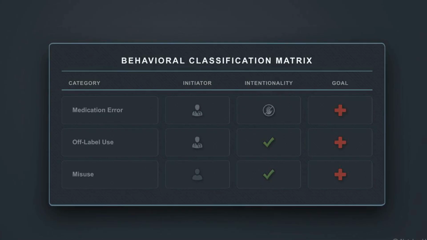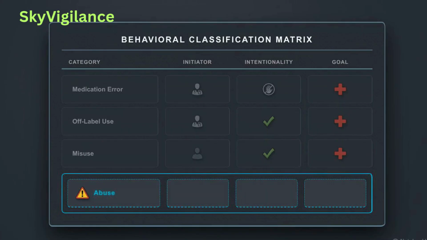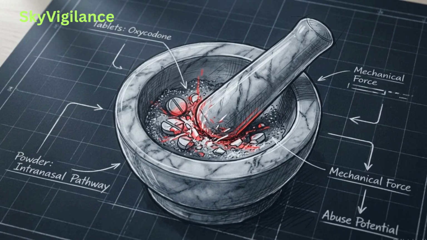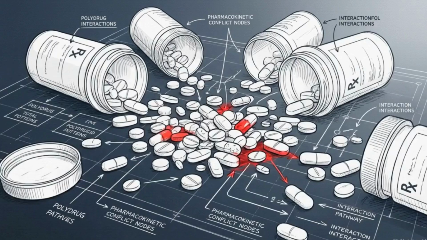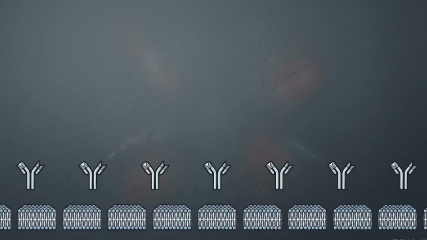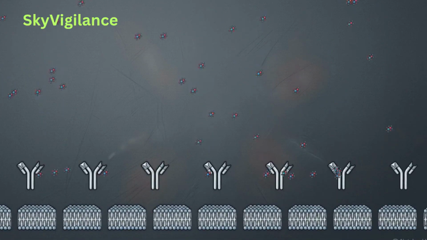Moving to the final row of our matrix, we categorize abuse as patient-initiated and intentional, but explicitly lacking any therapeutic intent. The user is actively seeking a psychoactive effect. This often involves bypassing standard delivery routes and frequently includes polydrug combinations that trigger severe, unpredictable pharmacokinetic interactions. While abuse is an episodic behavioral act, chronic exposure produces a physiological adaptation.